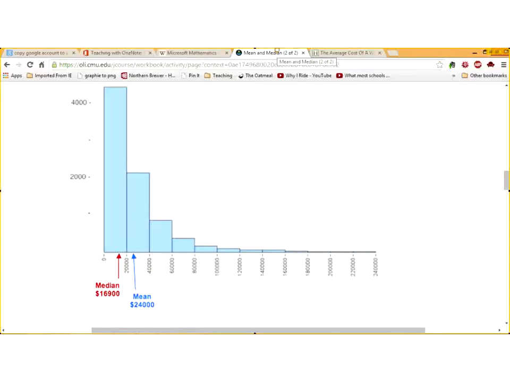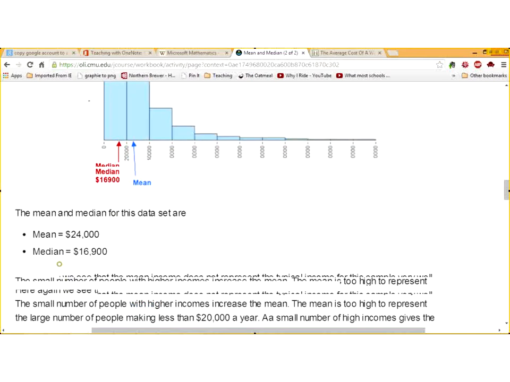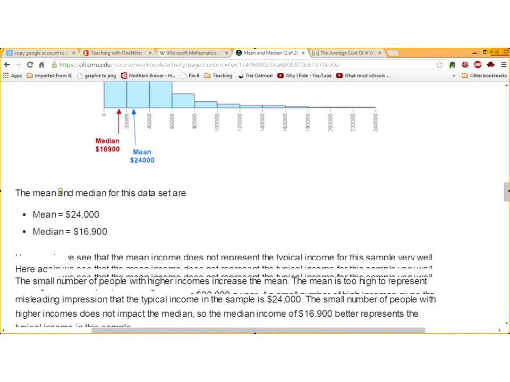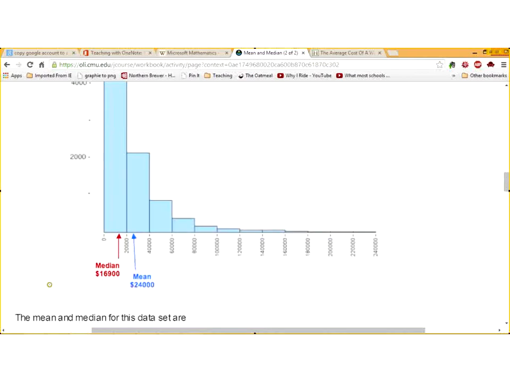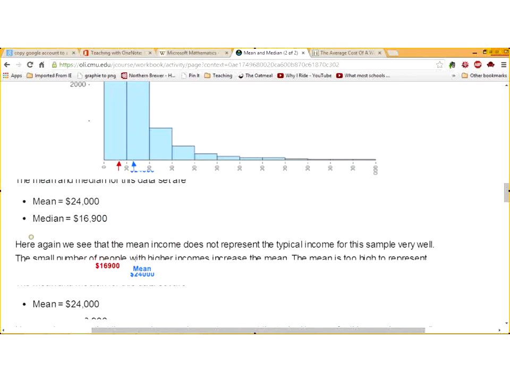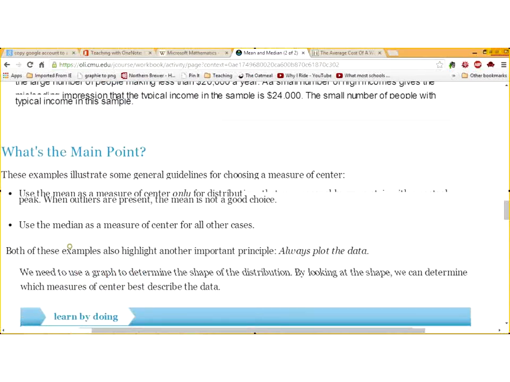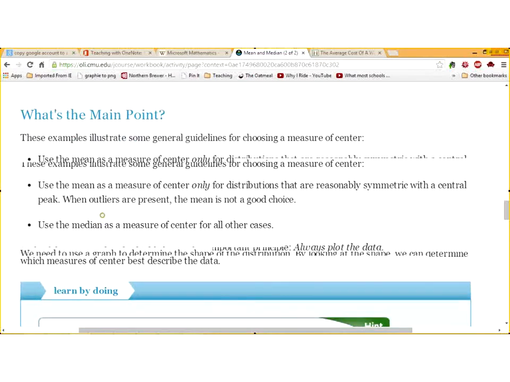All right, so this is an example here again that shows that a right skewed data set can make the mean considerably higher than the median. All right, so this is the big point, the main point, as it says.